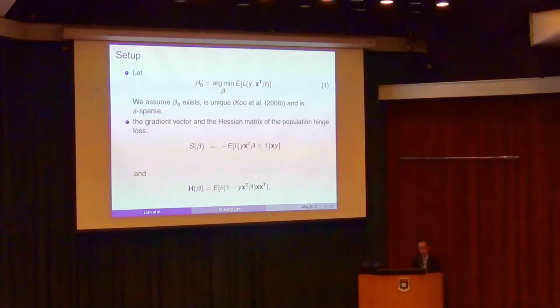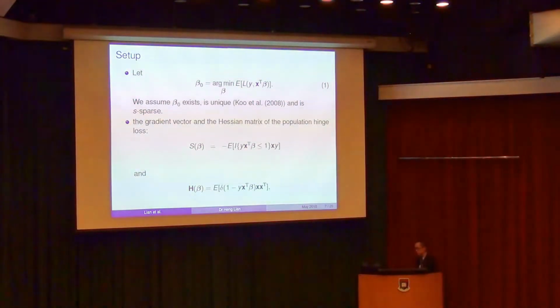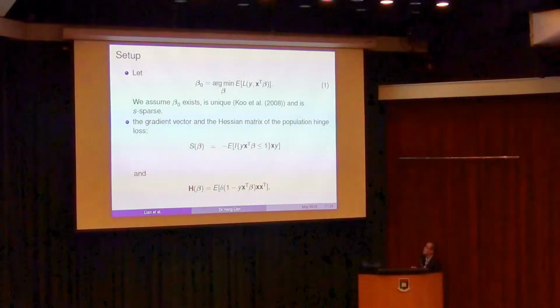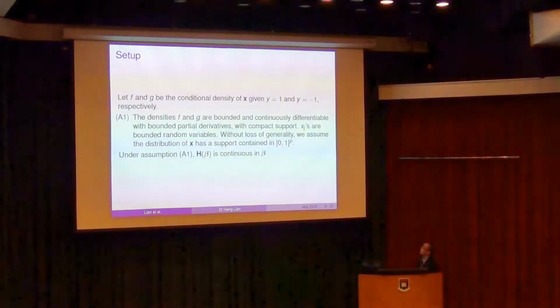You take the derivative, and of course you get the indicator function. The one point that's not differentiable doesn't play any role here. But when you take the second derivative with respect to beta, which is the Hessian matrix, the delta function appears, which causes some technical trouble in the analysis. But still we can do it.